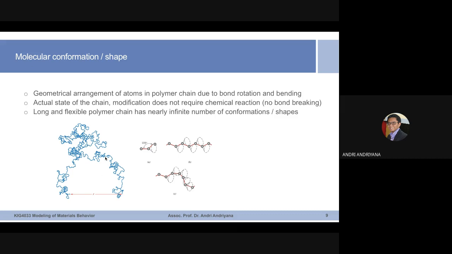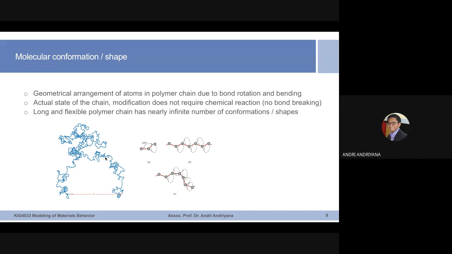What you can do is represent it in the form of probability functions describing the probable shape of the polymer. So this molecular conformation is the actual state of the chain.